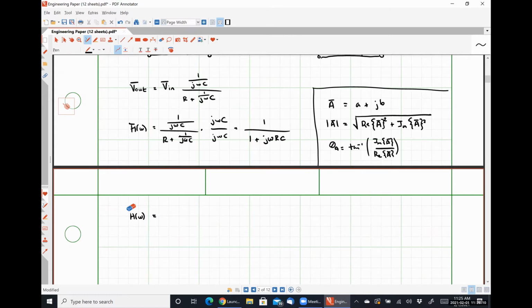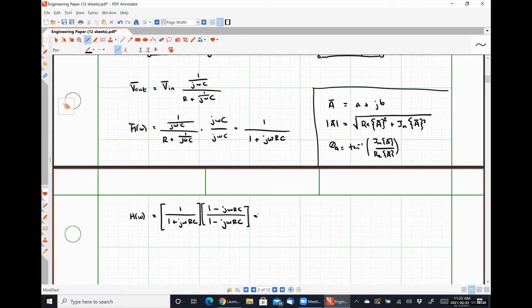So I multiply by the complex conjugate and then divide by the complex conjugate as well, because I need to multiply by a factor of 1. All right, so in this case, we would have 1 plus j omega RC, our original function, and then I would have 1 minus j omega RC down here. Sorry, and 1 minus j omega RC here.